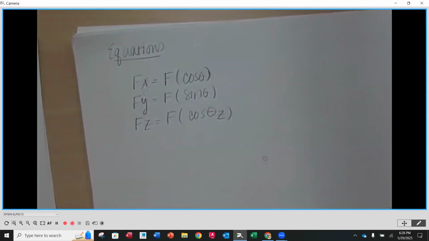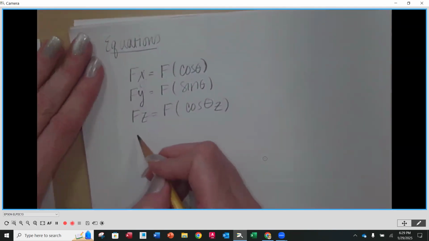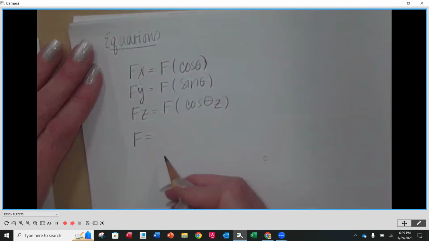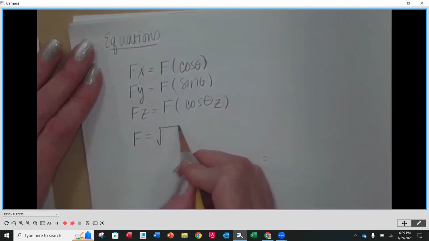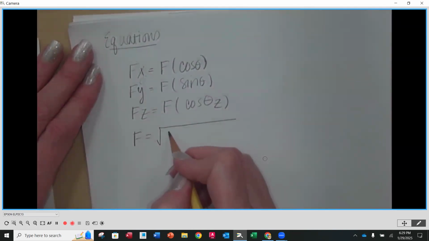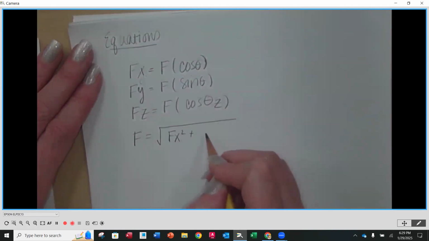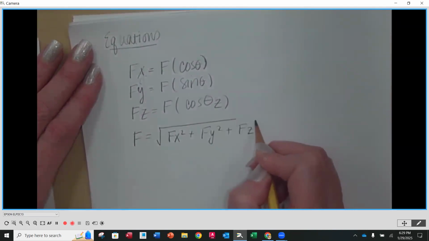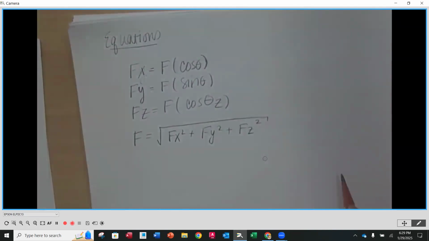That'll make a little more sense in a little bit. Now, when we want to find the resultant after we've gotten each of our components, our resultant F is going to be equal to the square root of Fx squared plus Fy squared plus Fz squared.